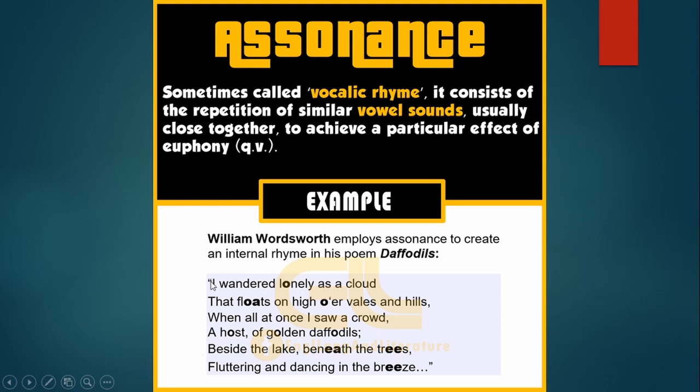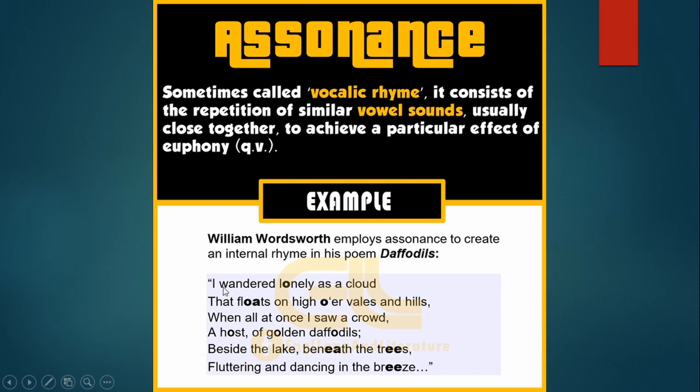I wandered lonely as a cloud that floats on high o'er vales and hills, when all at once I saw a crowd, a host of golden daffodils, beside the lake, beneath the trees, fluttering and dancing in the breeze. So you see, I wandered lonely, that floats on high o'er, a host, gold, daffodils, beneath trees, fluttering and dancing in the breeze.